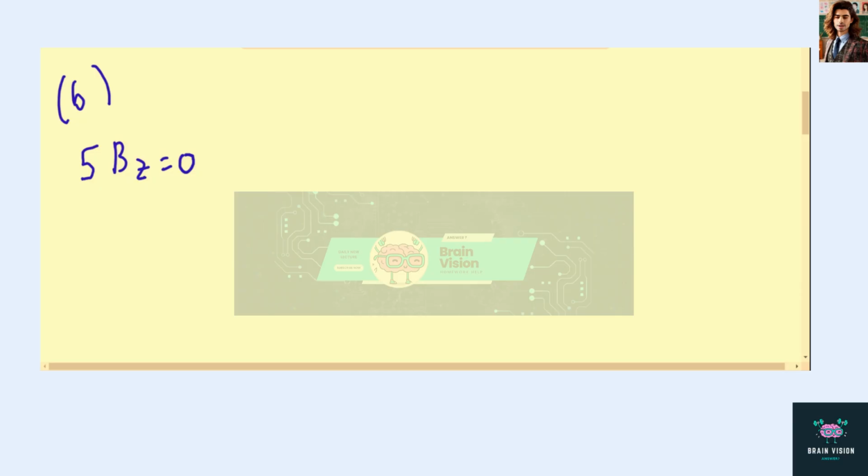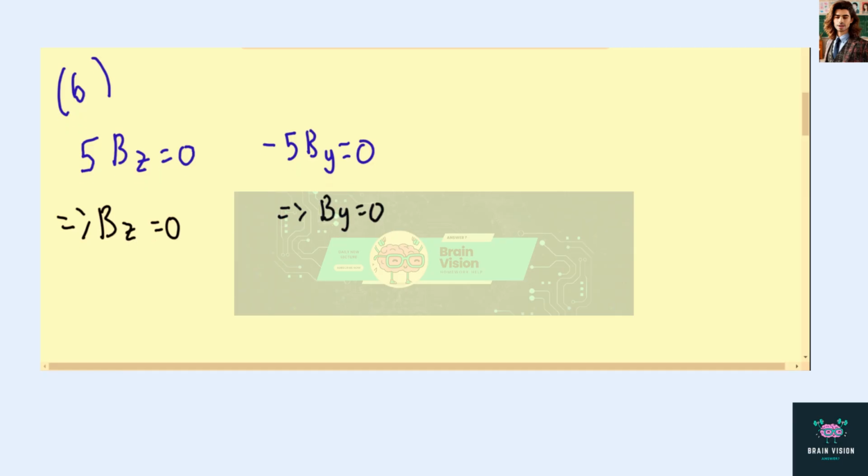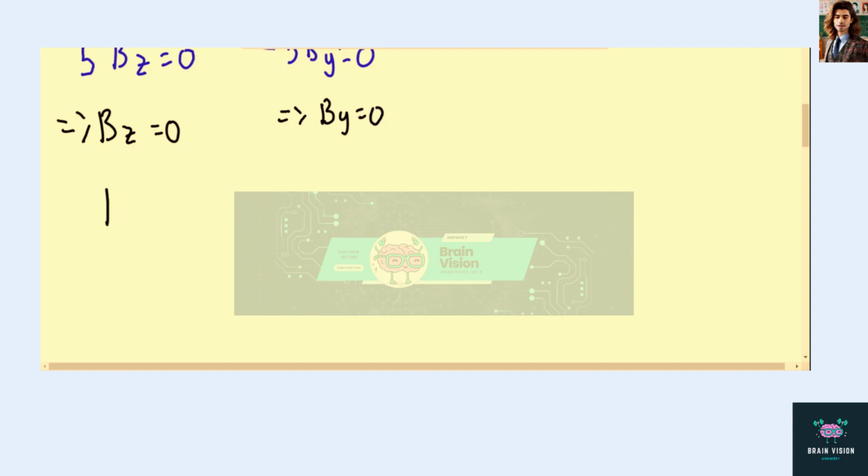And we're also going to have -5 times B of y is equal to 0. And solving these for their components, we'll find that B of z is equal to 0 and B of y is also equal to 0. So we can conclude that the reaction at the point B is just going to be equal to 0.